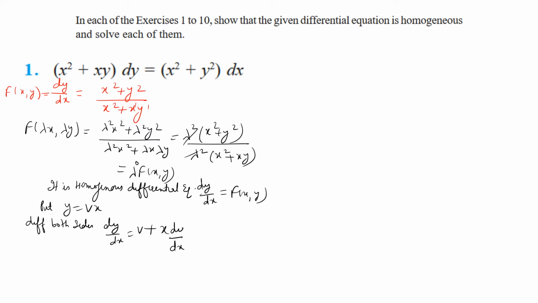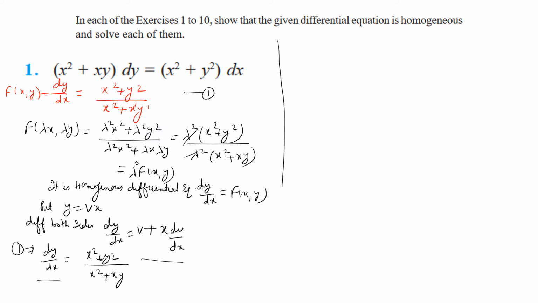Now in the given equation, which is equation number 1, dy by dx is equal to (x square plus y square) upon (x square plus xy). Here we will replace dy by dx with this and y by vx.